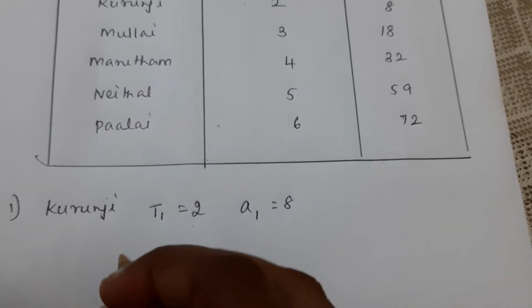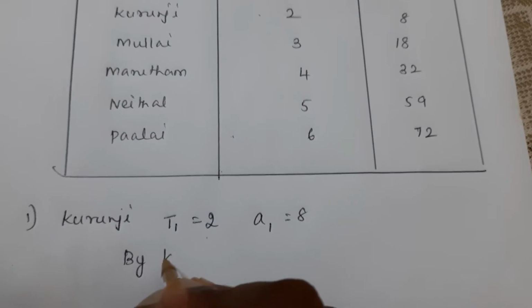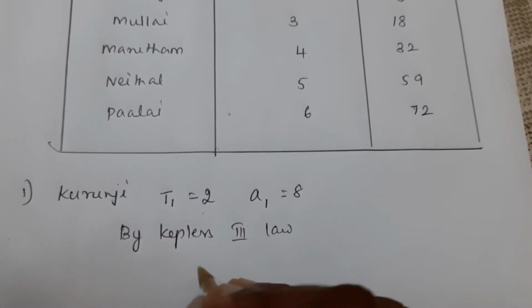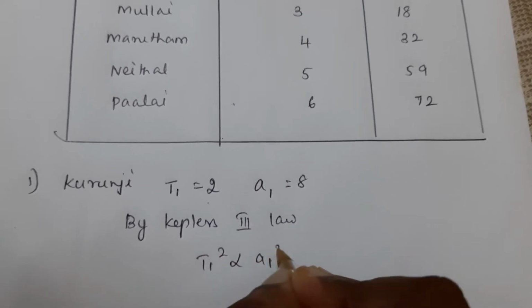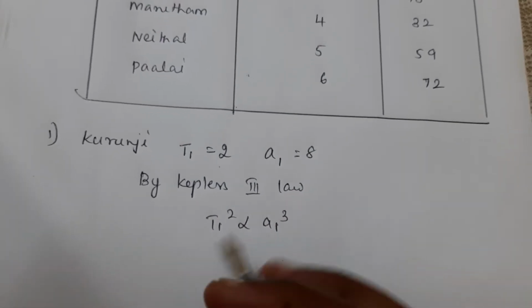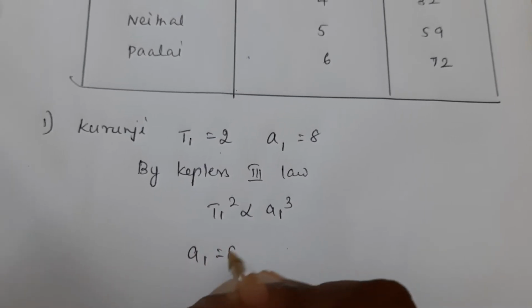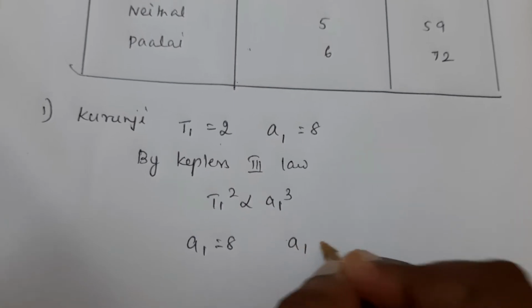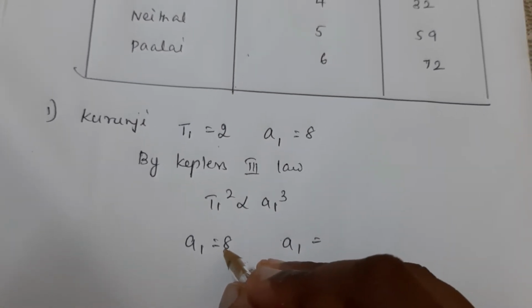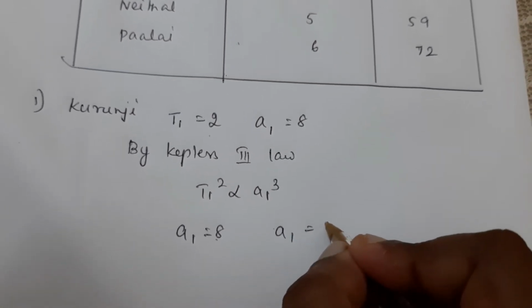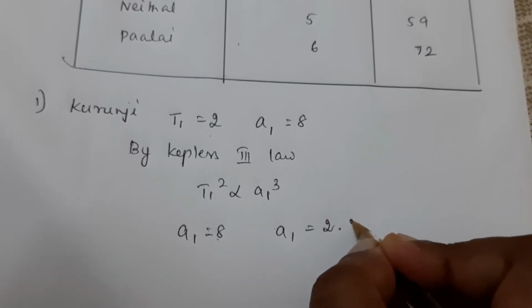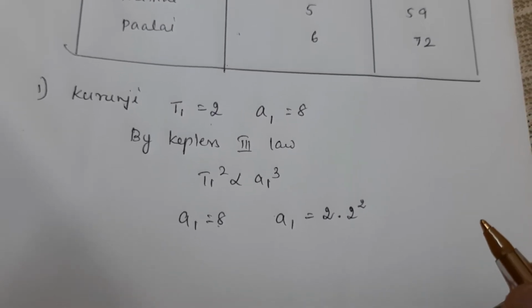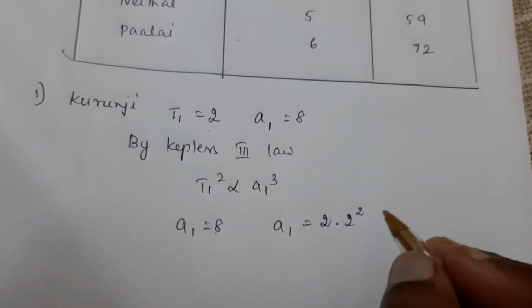Okay. Now by Kepler's third law, T1 square is proportional to A1 cube. Now A1 is equal to 8. 8 can be written as 2 into 2 square.